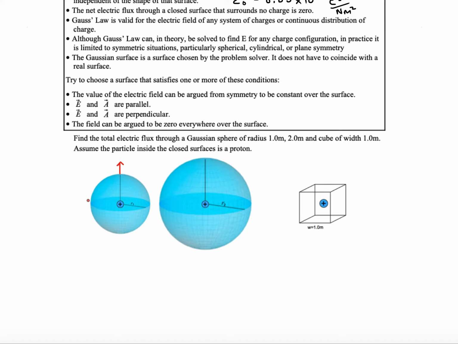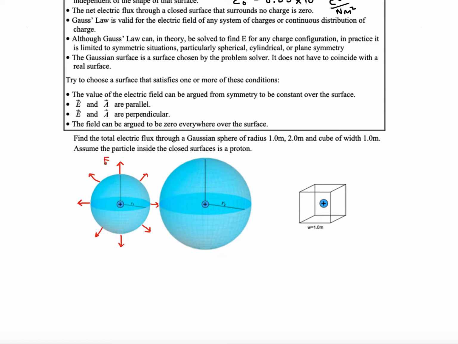So, as we know, positive charges will generate a field that points directly away from themselves. And as we can see, the magnitude of the field would be constant at all these different points around the proton at that radius of the sphere.